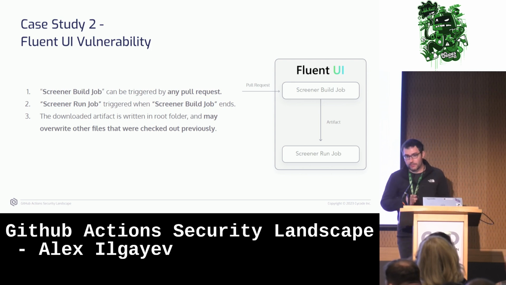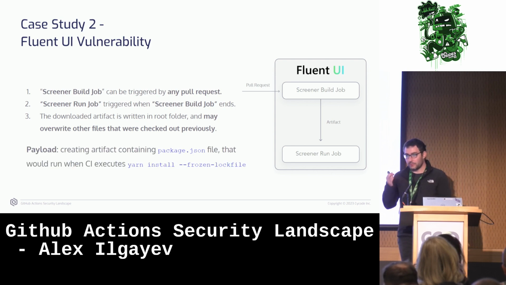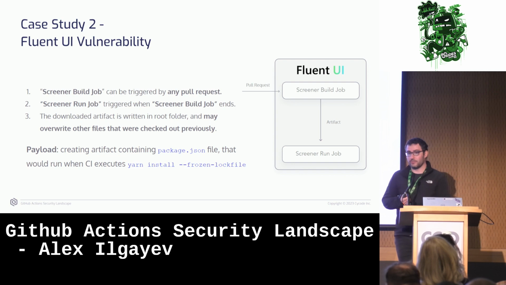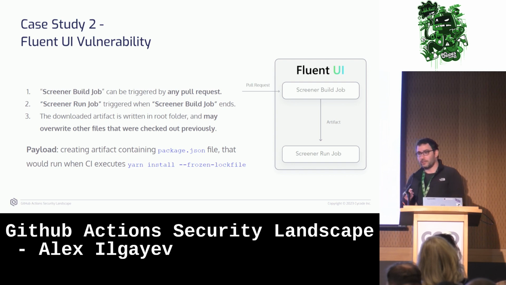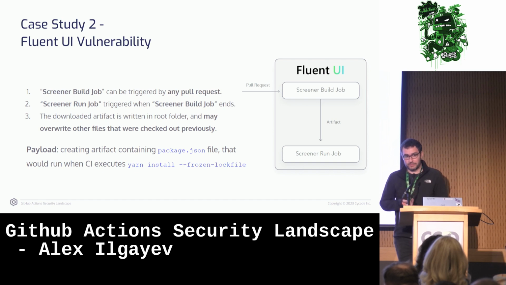So this means I have the primitive to overwrite any file for that workflow that has been checked out previously. So how can you use this primitive to get code execution? I don't know if you're familiar with web development, but there's a file called package.json. It contains all the npm packages that you are using whenever you deploy an application, and it also contains some scripts.